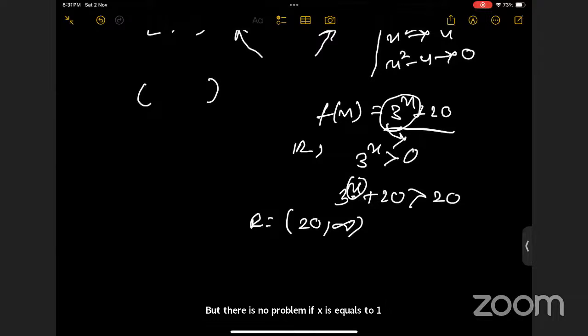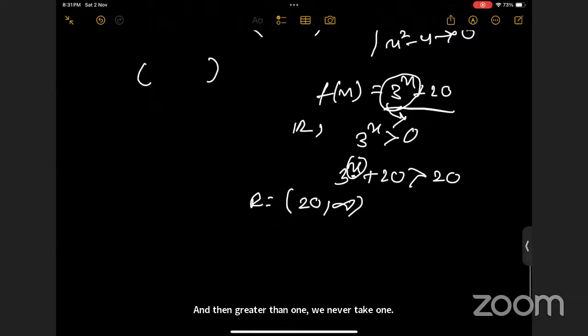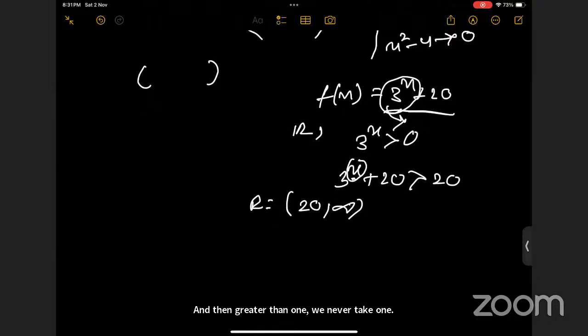But ma'am, all the time we make two cases, greater than 0 and less than 1, and then greater than 1. We never take 1. Okay, this is specific. If you take 1, the function is also defined, but it will no longer be exponential, right? It will become a constant as soon as we take 1.